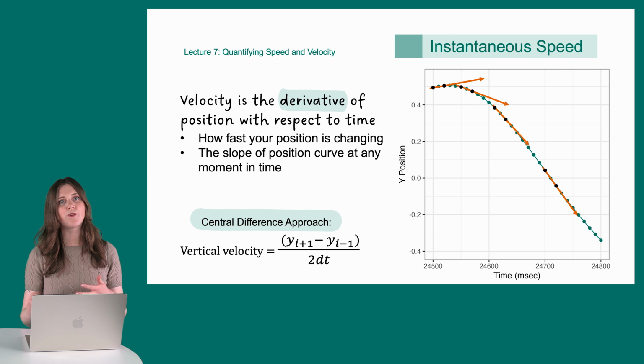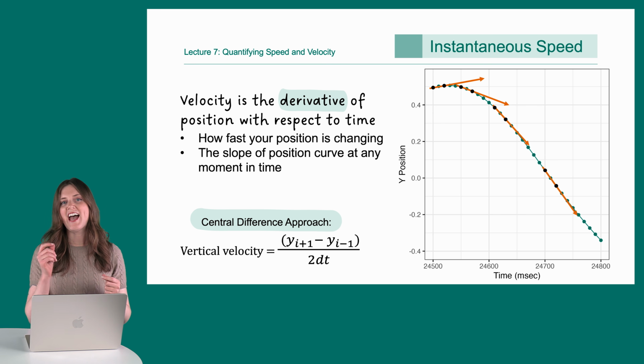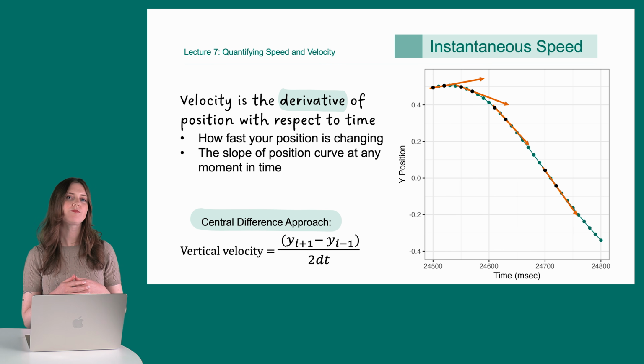However, in the notebook tutorial, we estimate derivative using a central difference approach. Rather than estimating the slope of change between 2 points, this approach allows us to estimate the slope of a curve at a given point by calculating displacement between the neighboring points on both sides.